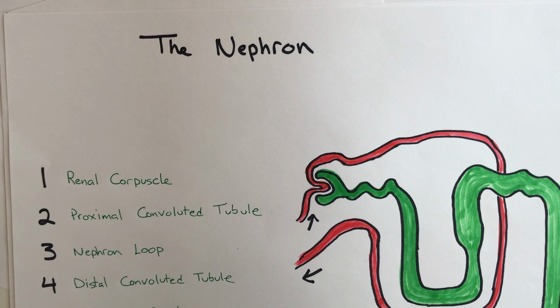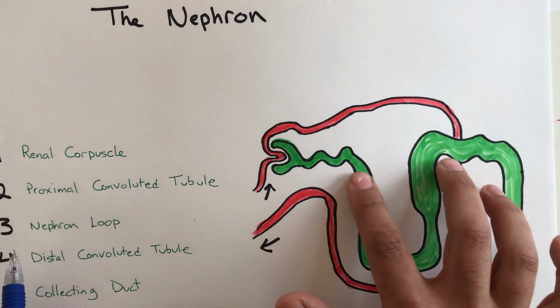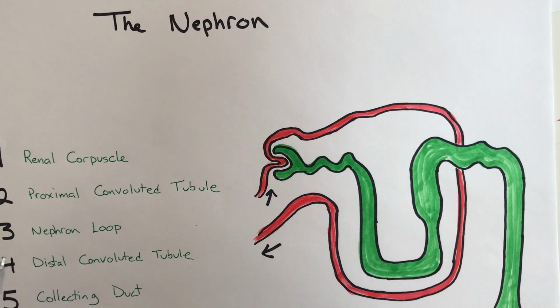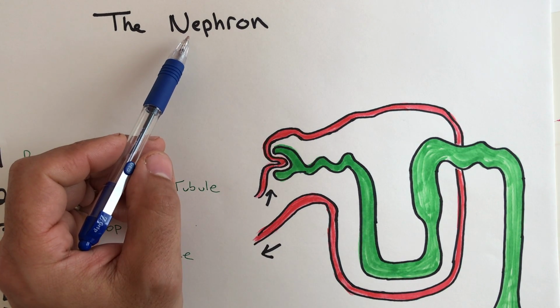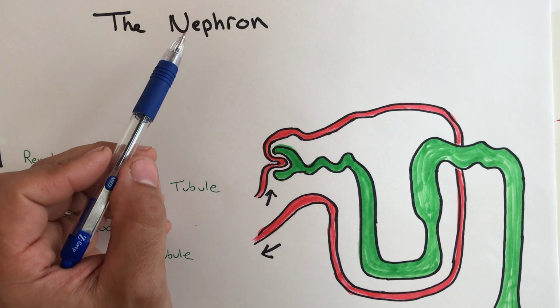The nephron is the structural and functional unit of the kidney, what we see here in green. In other words, everything that occurs in the kidney occurs in one single nephron.